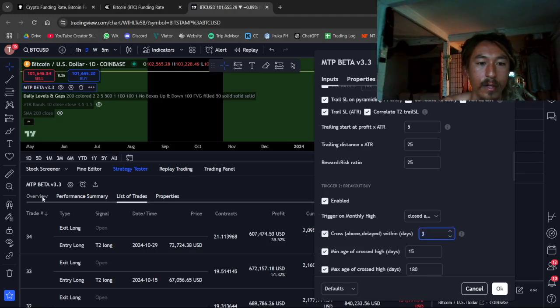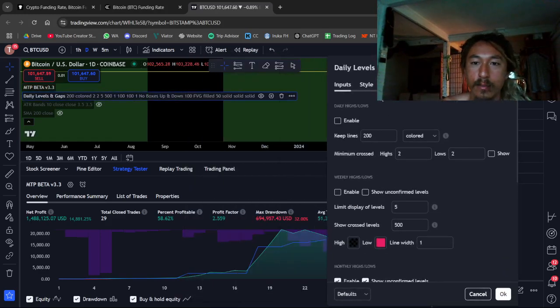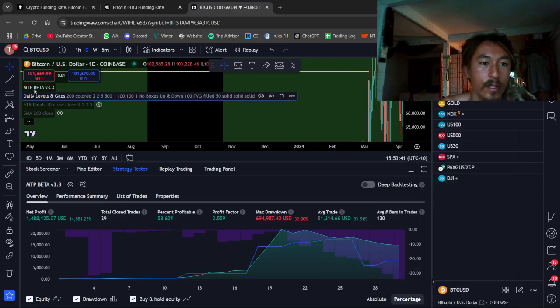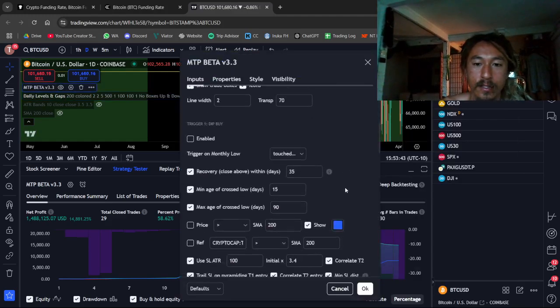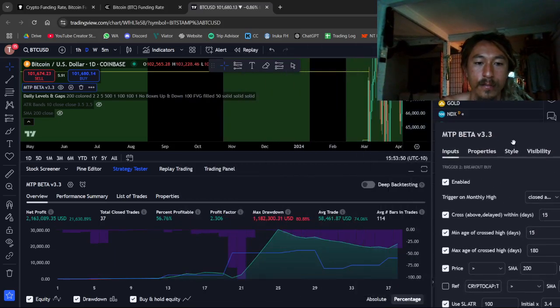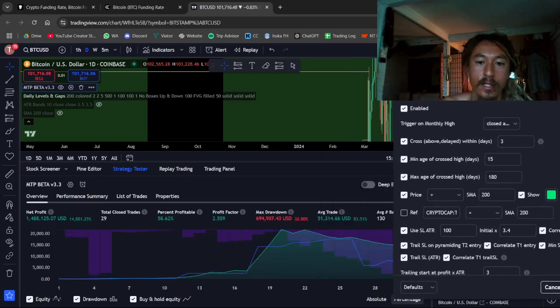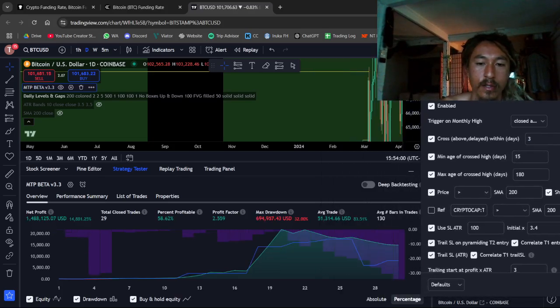By the way, I'm just curious. Right now it's at 3, 32% drawdown, 14,000% return on just a breakout buy. Let's set this back to 15. Well, it's hard to say it's an improvement because the drawdown increased so much.